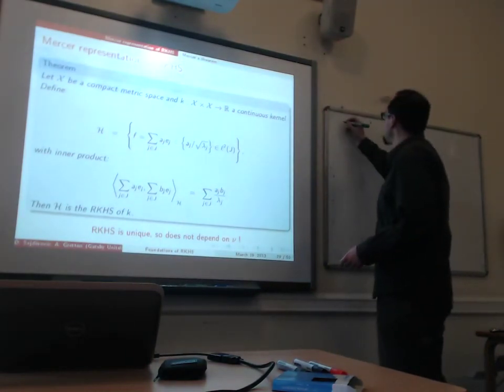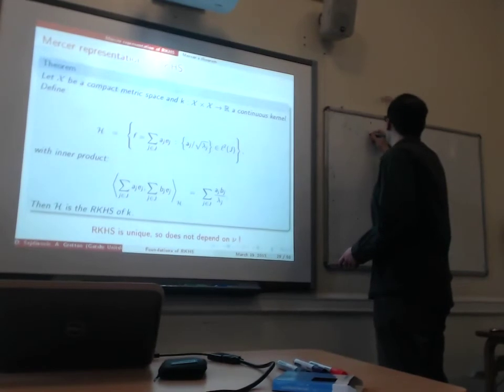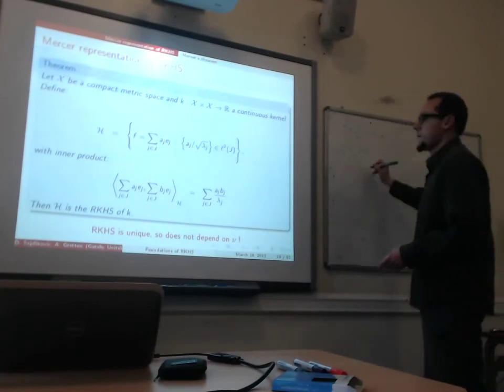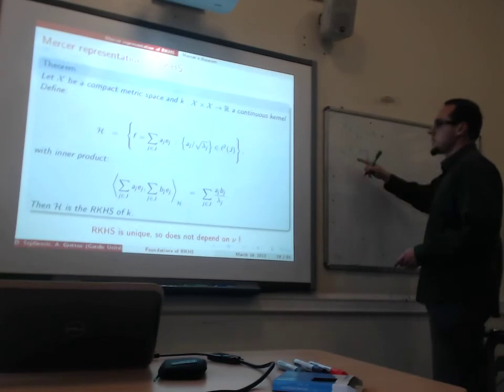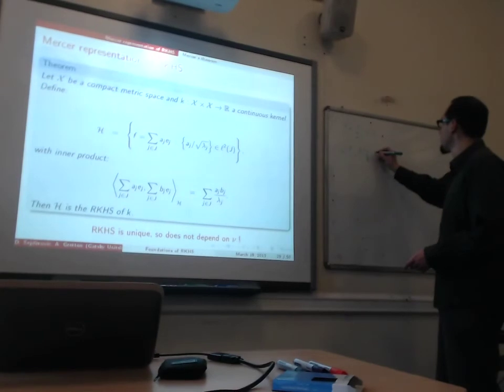So what am I saying? I'm saying that if I take some function f in this form, sum of a_j e_j, and take the inner product of that function with itself, this has to be strictly greater than 0.